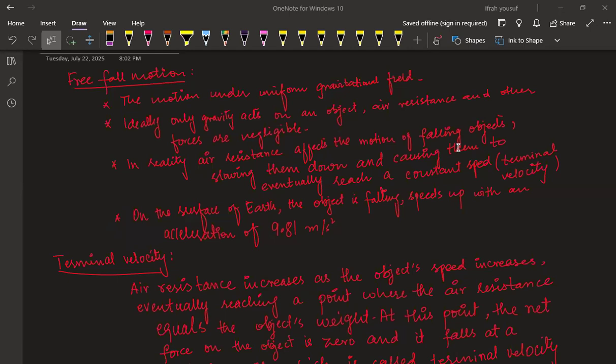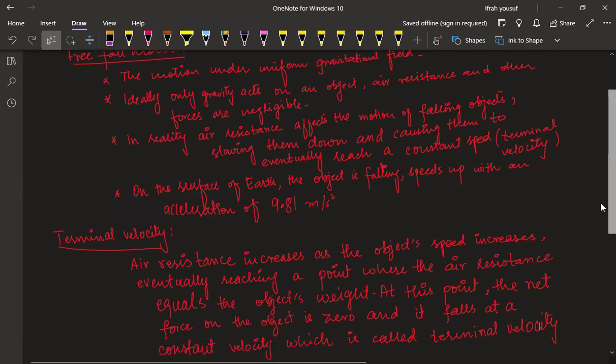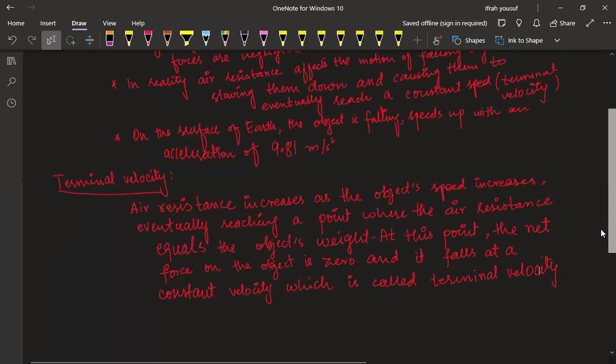So every time the speed increases by 9.81 meters per second in every second. Are you getting my point? The speed is getting increased every second by 9.81 meters per second.